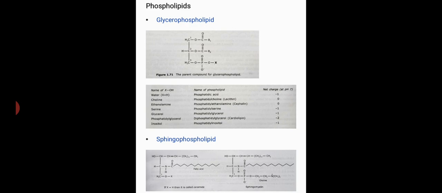In glycerophospholipids, there is a glycerol molecule, two fatty acids, a phosphate, and an alcohol like choline. These are the most numerous phospholipid molecules found in cell membranes.